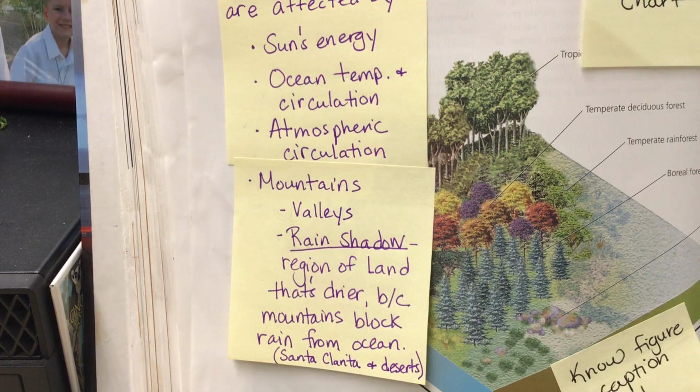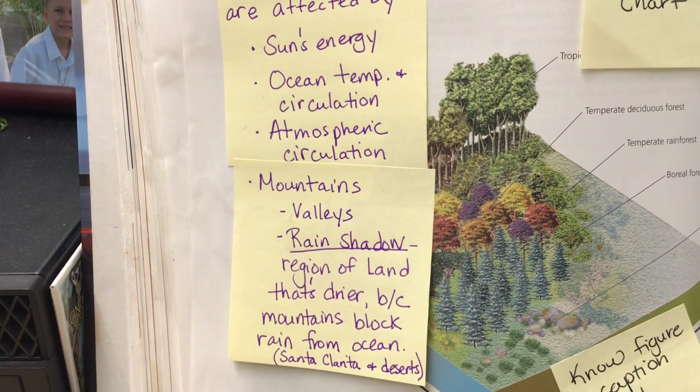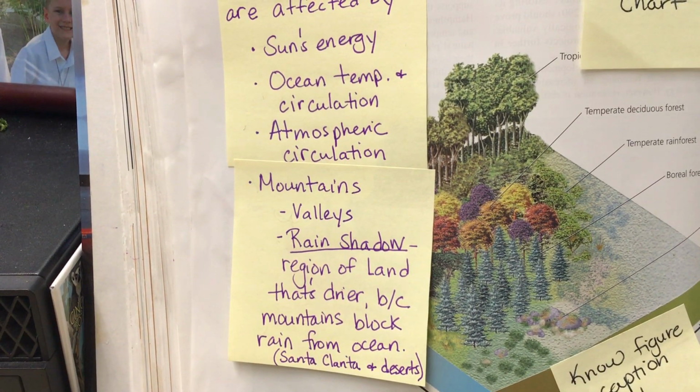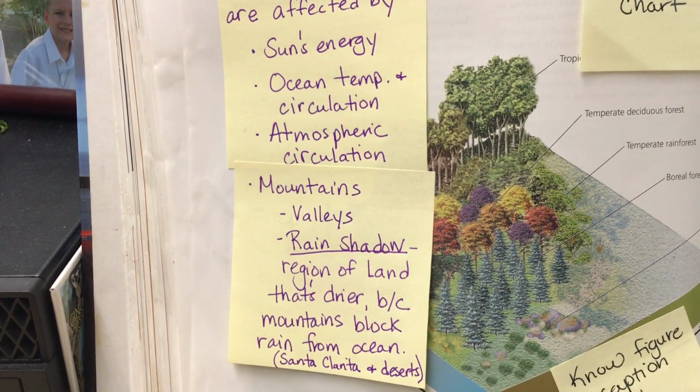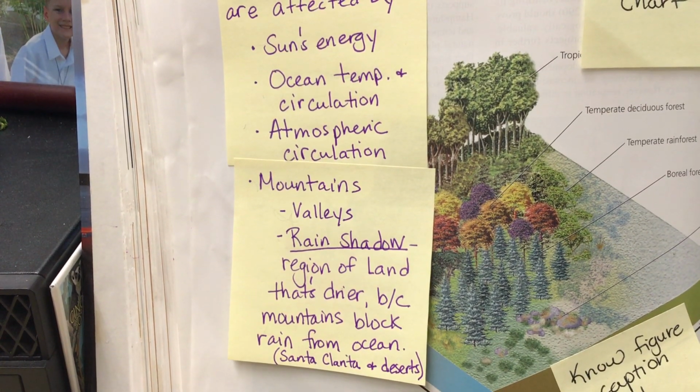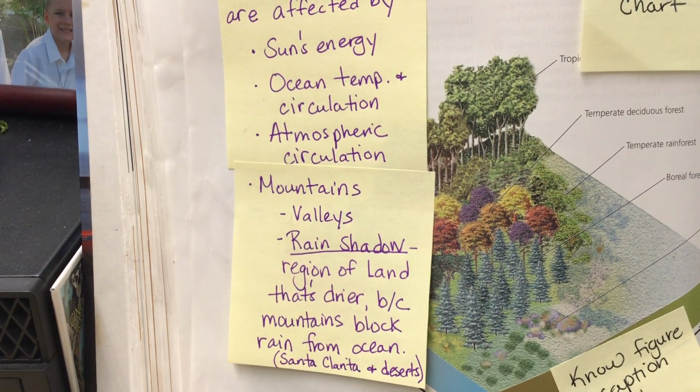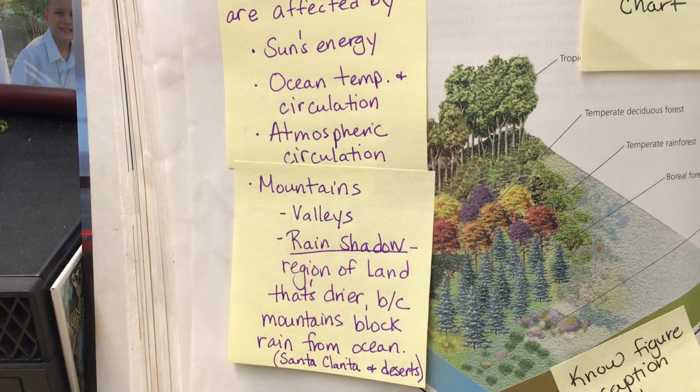Water evaporates off the ocean, creates clouds, then they move onto land and rain. For us in Santa Clarita, we're actually behind a couple of mountain ranges between us and the ocean. So we don't get as much rain as the coast because as the clouds move up and over the mountains, they cool down and drop all that rain.